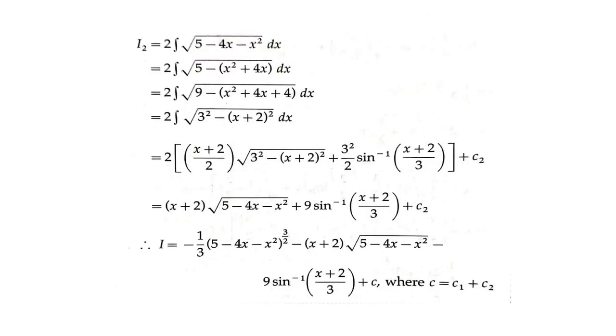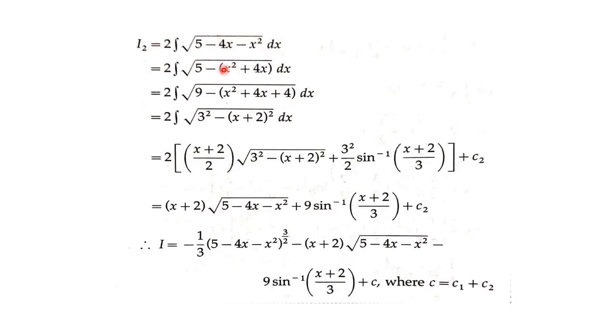Now let us see I2, which is equal to twice the integration of root of 5 minus 4x minus x square dx. Now we have to reduce it to a standard form, but for that purpose we have to make this term a perfect square, and for that purpose we have to add a third term.